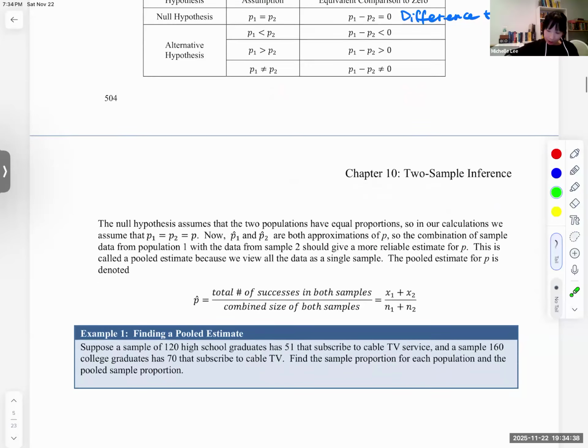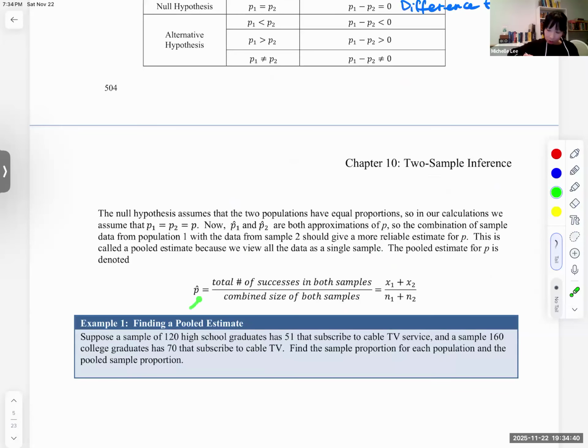All right, let's take a look. We have a p hat. Look, we combined x sub 1 and x sub 2, and we combined their sample sizes, n sub 1 plus n sub 2, right? So we call it the combined sample proportion or pooled sample proportion.